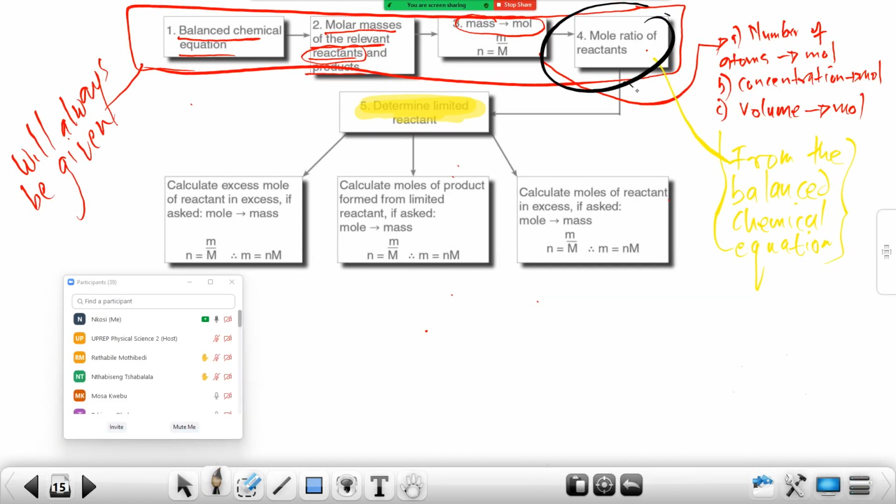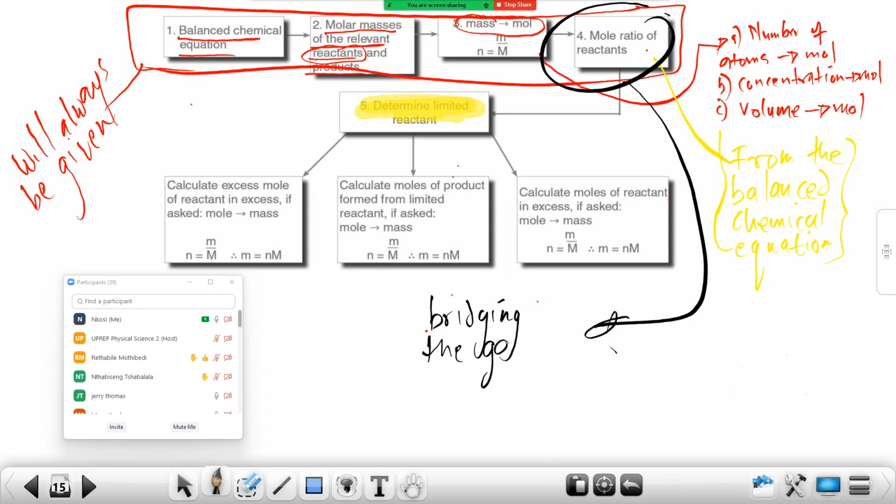I must add here: molar ratio. I call it bridging the gap. But the gap between what? Between the known and the unknown.